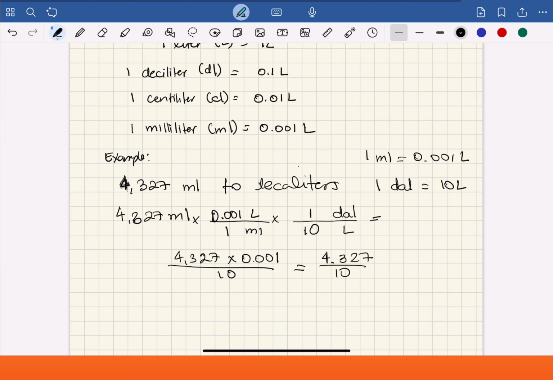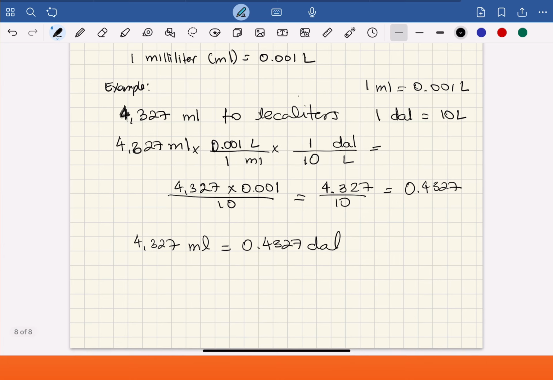You want to divide that by 10. So that equals 0.4327. So what do we have? We have that 4,327 milliliters is equal to 0.4327 decaliters.